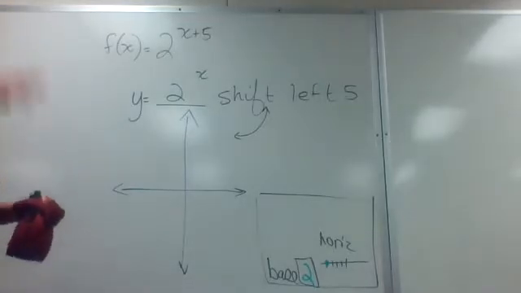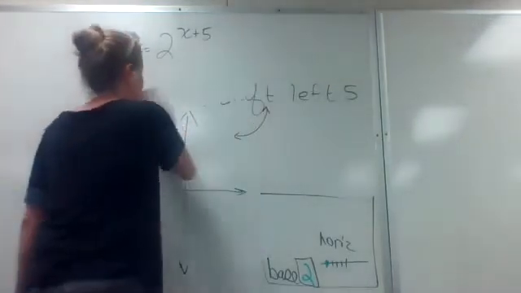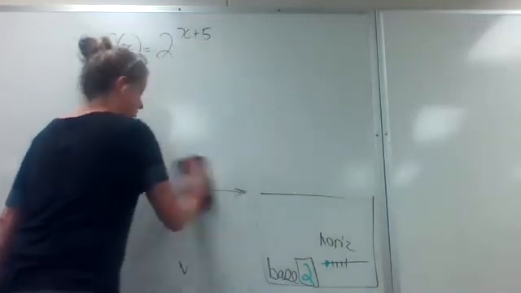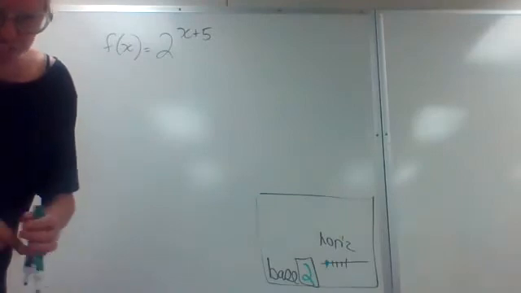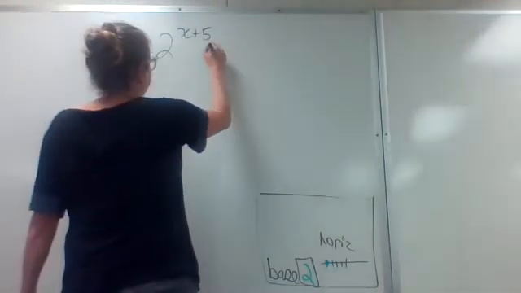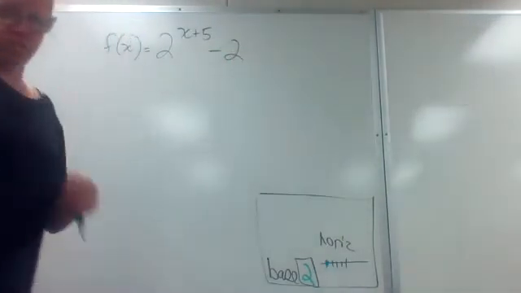Number 3 is another one of these. F of x equals 2 to the x plus 5 again, but then minus 2.